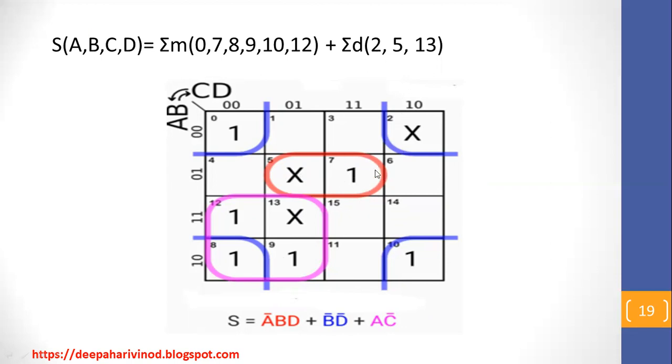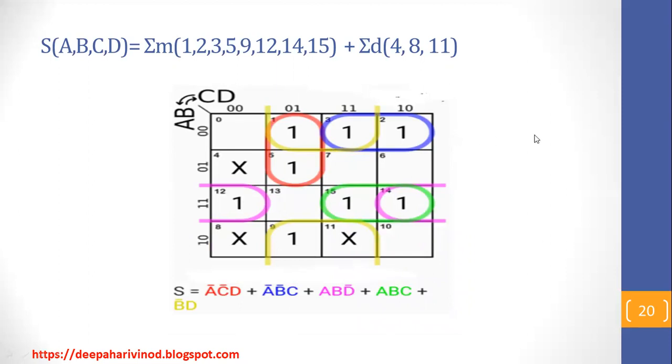To include that one in a group, I can choose this don't care also. So here all the don't cares are used or included in one group or another. So this will be the minimized expression for the given boolean function.